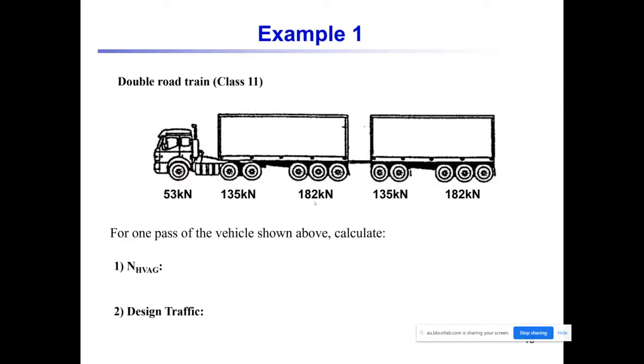Let me show you one very, very simple example. Let's consider that we have one double road train, class 11, and the level of load on each axle has been shown. It is 53, 135, 182, and so on.